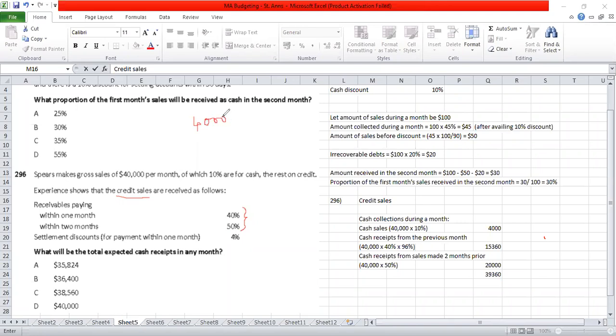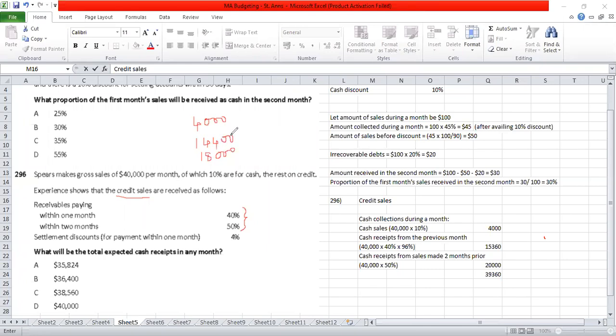Just tell me how much is that? 14,400. 50% is 18,000. So we do not see that adding up to 40,000. Do you see the difference?